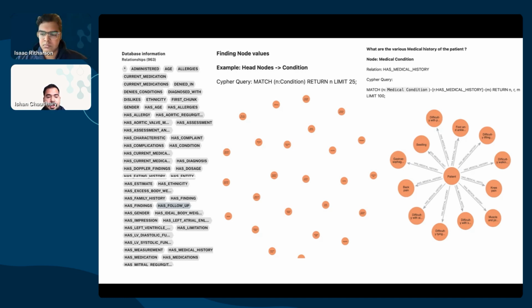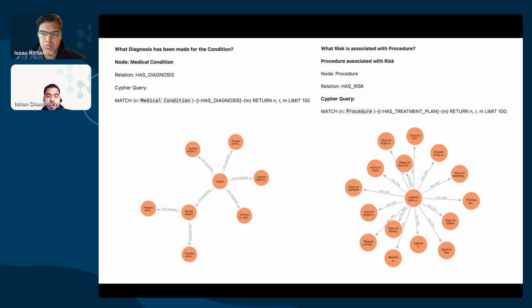We can also combine different clinical entities like tests, lab results, procedures, and prescriptions, and understand how they relate chronologically. Because the data is stored as a graph, relationships are first class citizens. So instead of scanning huge tables, we simply traverse the graph to get answers.